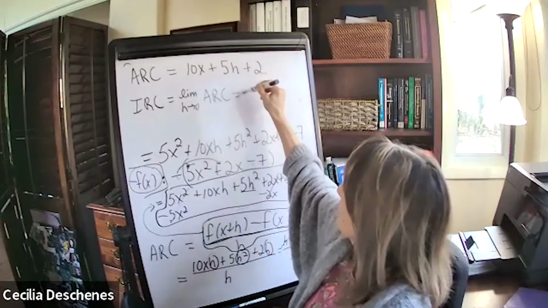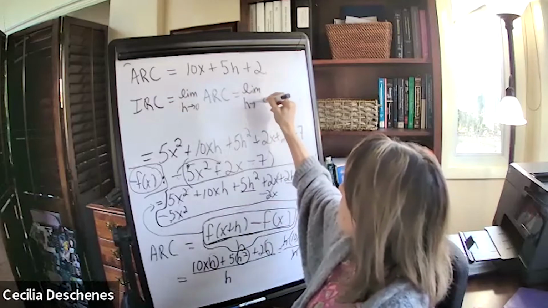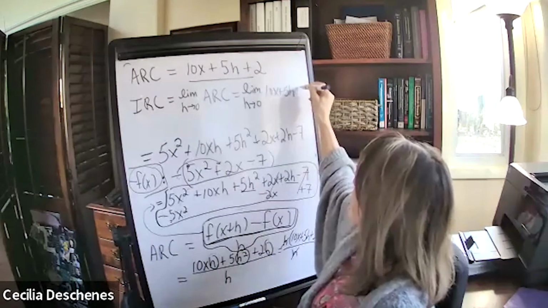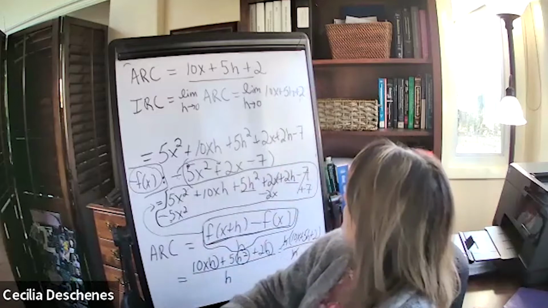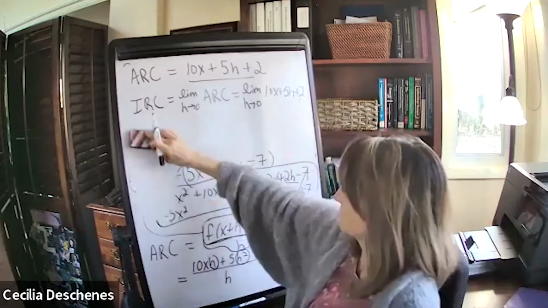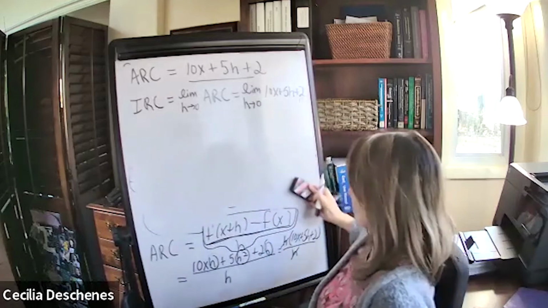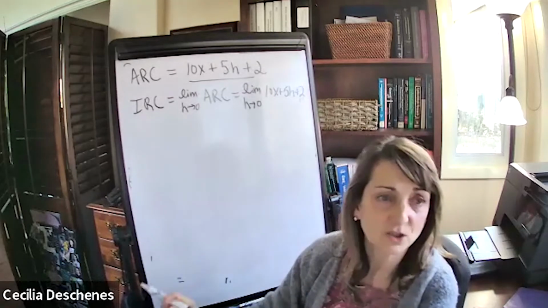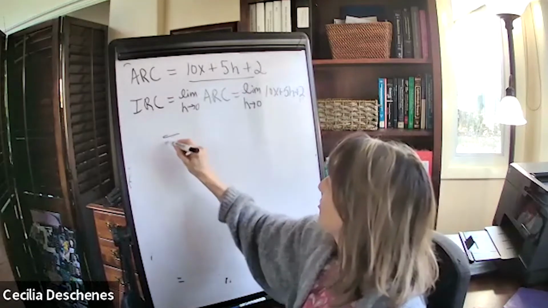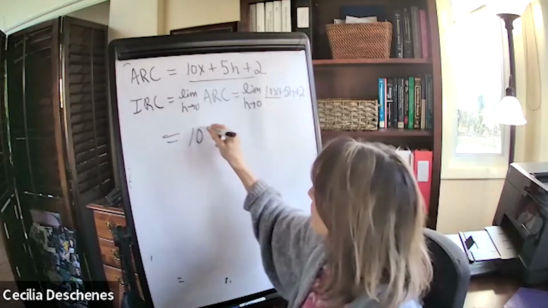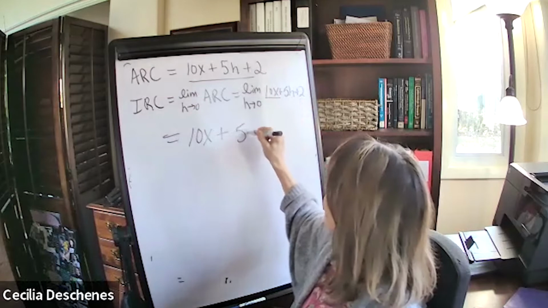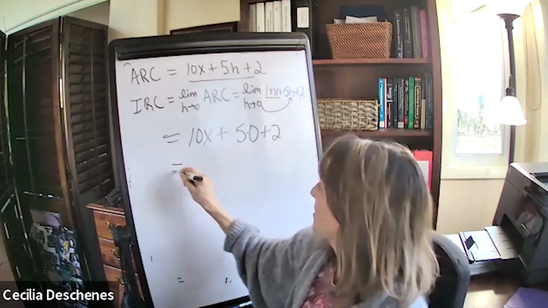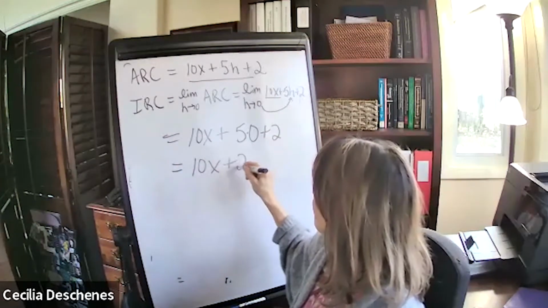So we put the limit as h goes to 0 of 10x plus 5h plus 2. All that means is that wherever there's an h, we put in 0. So we've got 10x plus 5 times 0, plus 2. So what we're left with is 10x plus 2.